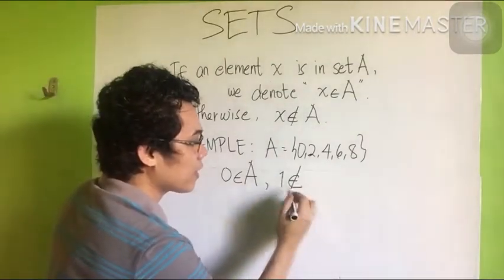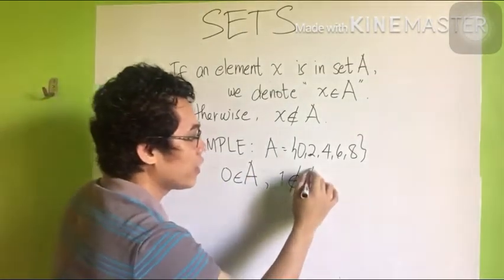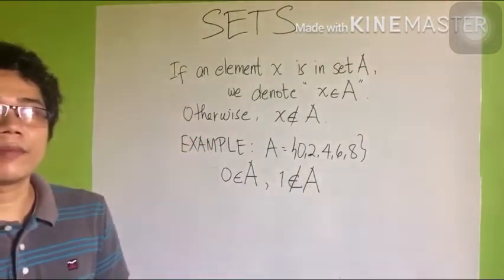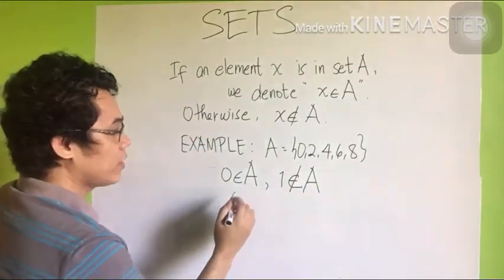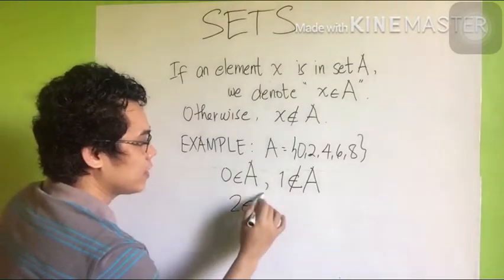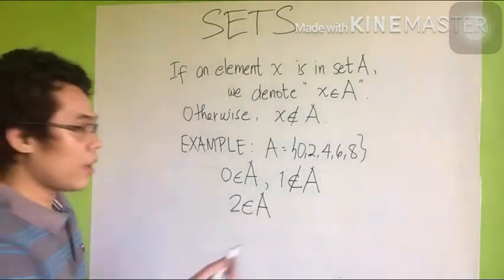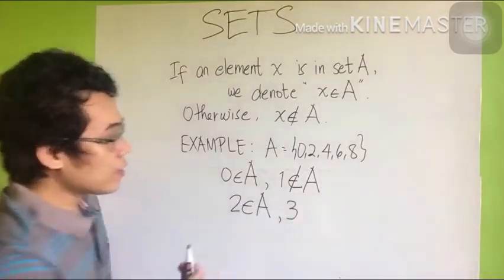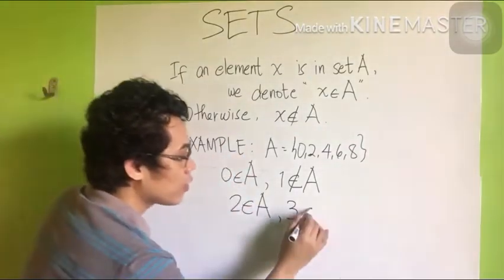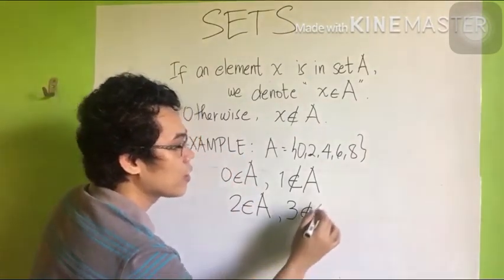So, ang gagamitin natin, slash lang tayo, and then, yan. So, other example, 2 is in set A, then 3, wala si 3 sa A, so we use this notation. Yan.